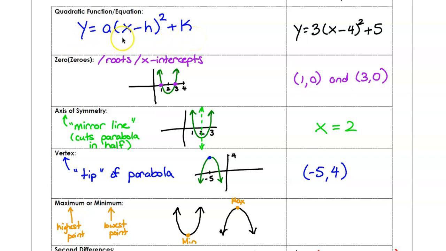Okay, normally there are numbers where the A, the H, and the K are, and so see, I put a 3 for the A, a 4 for the H, and a 5 for the K, and so this, if we look at it, is what we would normally see as a quadratic function. And again, that little 2 is a dead giveaway that it's usually quadratic. Okay, so again, this is called vertex form. You'll see it a lot later.